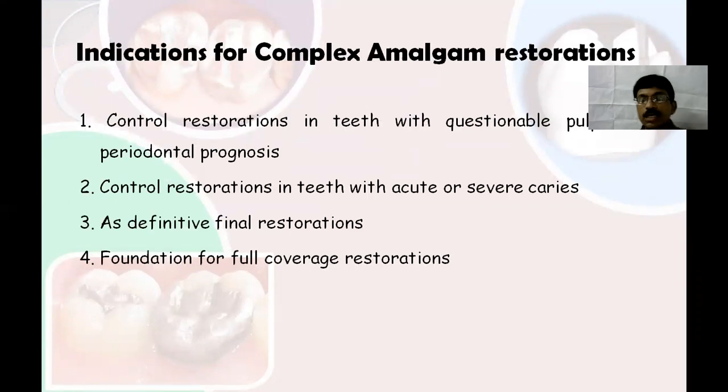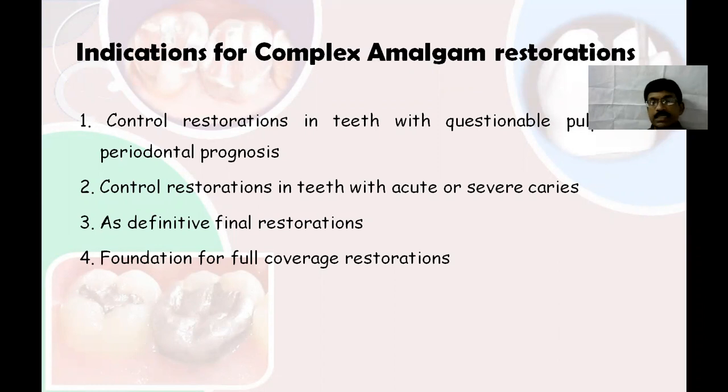Next, we'll see what the indications for complex amalgam restorations are. So the first one is that they are used as control restorations in teeth with questionable pulpal or periodontal prognosis. So in those teeth where we have a doubt whether the tooth will survive in the long term, that is questionable pulpal or periodontal prognosis, they are used as control restorations.